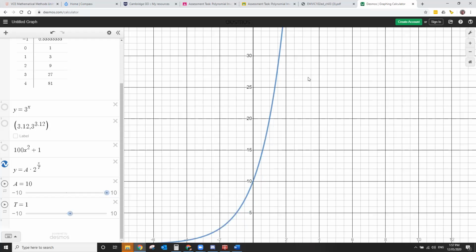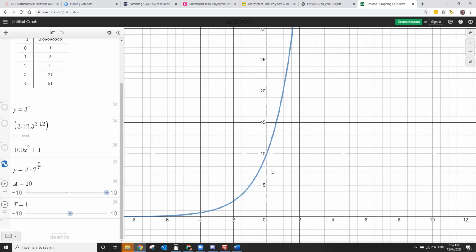So we're doubling every time x moves forward. If you go the other way, into the negatives, 2 to the negative 1 is a half, so it's half of 10. Negative 1 gives us 5, then 2.5. I'm very bad at doing mental arithmetic at the moment. 5, 2.5, 1.25, 0.625, just halving and halving as we go backwards, doubling and doubling as we go forwards.